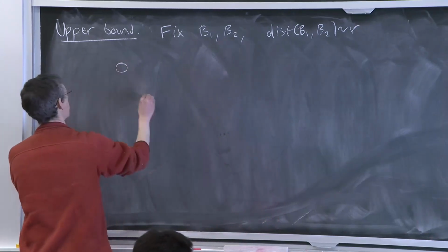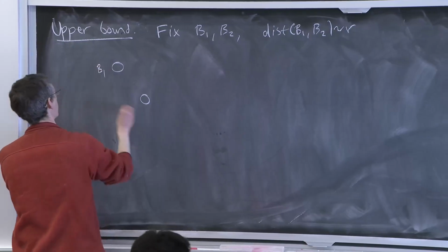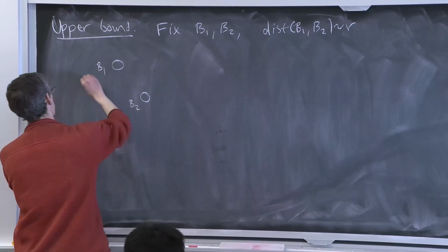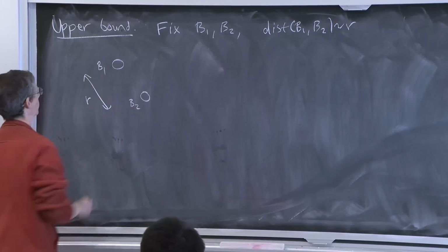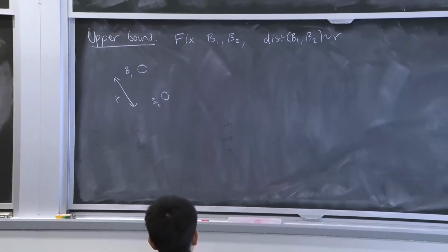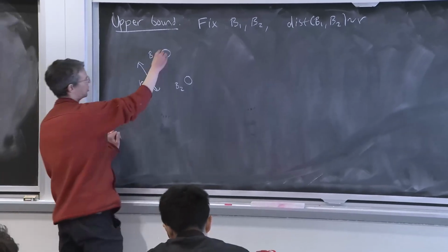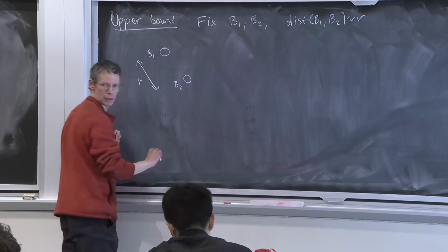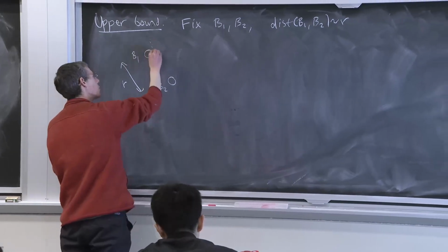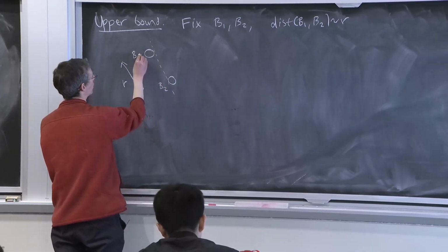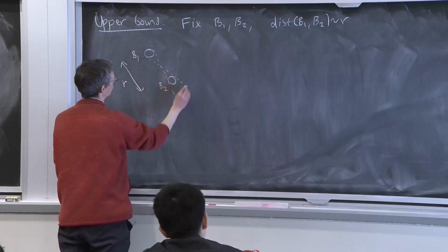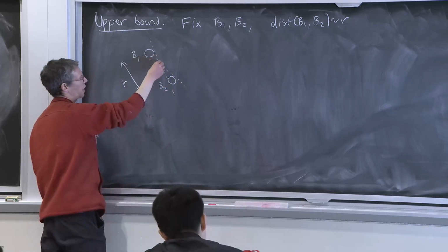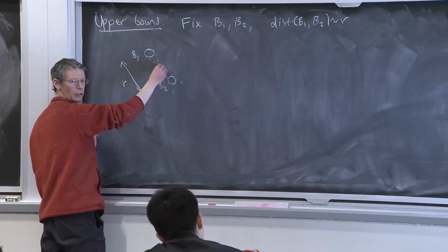So here's my picture, B1 and B2, and the distance between them is around r. Now I'm interested in projections where the projection of B1 and the projection of B2 overlap. And so the angles for those projections are in a little angular range. The angle of the projection must be somewhere in this range here.